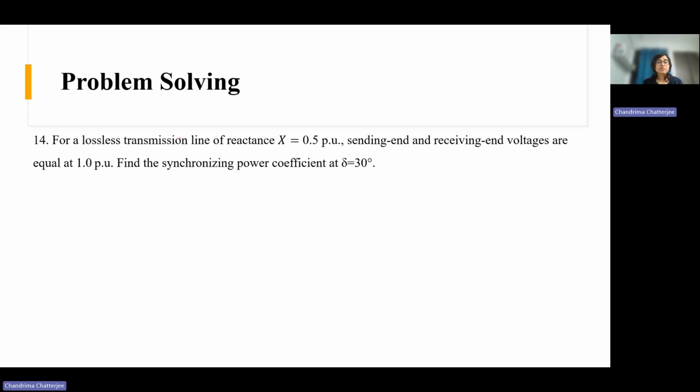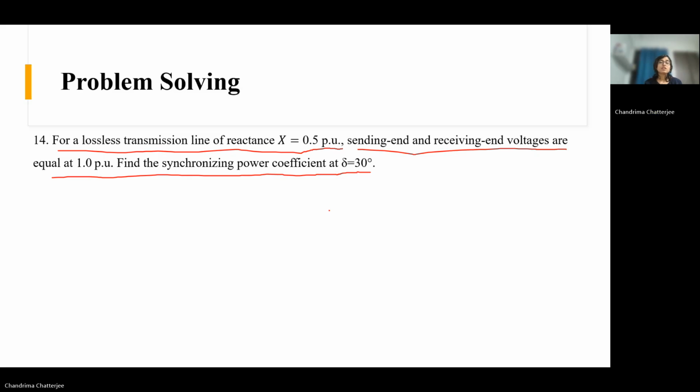Next question. For a lossless transmission line of reactance X equal to 0.5 per unit, sending and receiving end voltages are equal to 1 per unit. Find the synchronizing power coefficient at delta equal to 30 degree. This is just a very small numerical problem. We have already discussed this. So what are the parameters?